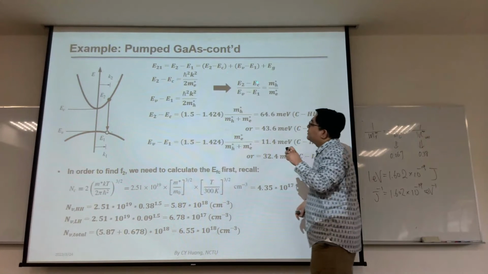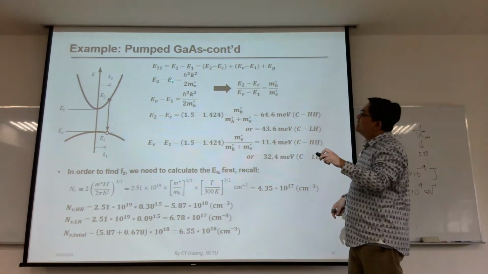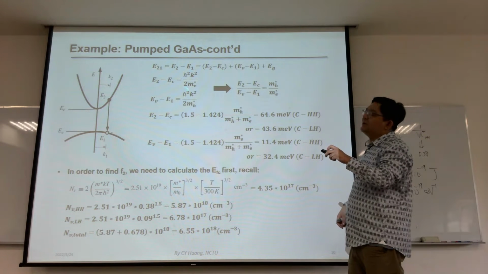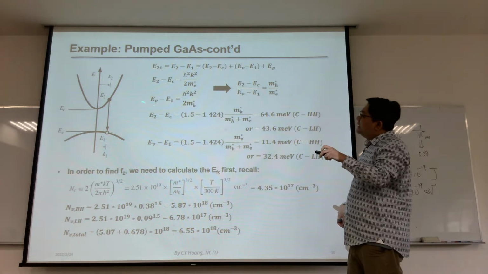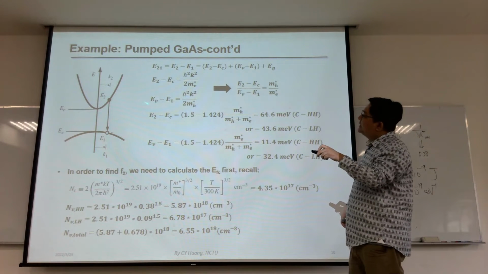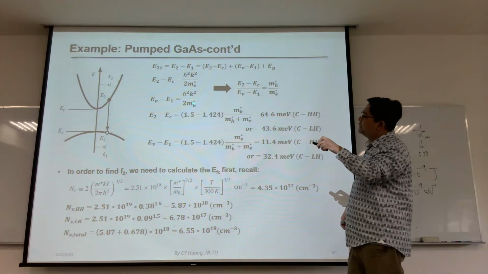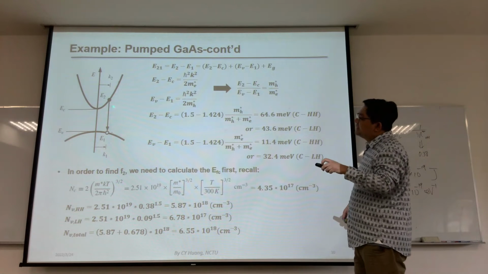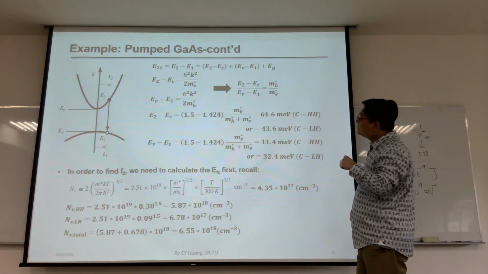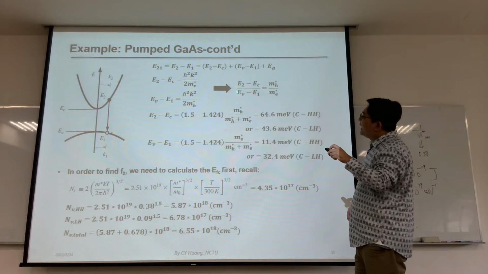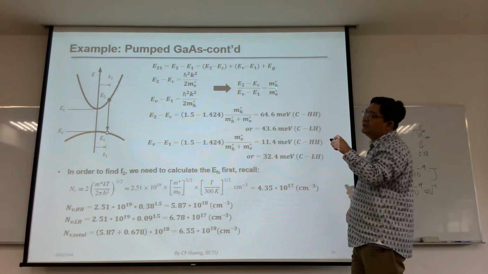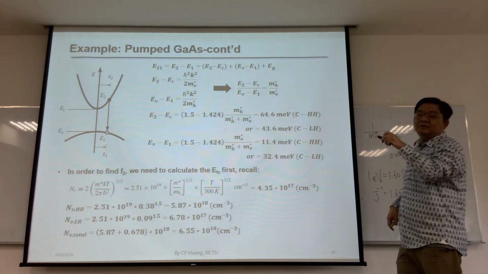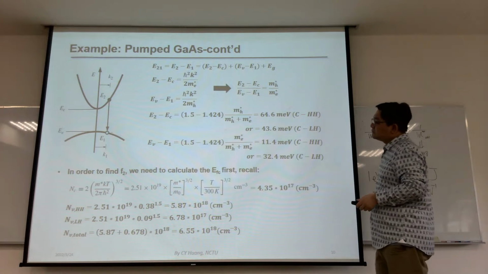Since we assume it's parabolic, E2 minus EC at a higher level should be h bar squared k squared divided by 2me. Similarly, in the valence band, EV minus E1 is h bar squared k squared divided by 2mh. Since the transition is vertical, E2 minus EC over EV minus E1 should be the effective mass of hole divided by effective mass of electron.